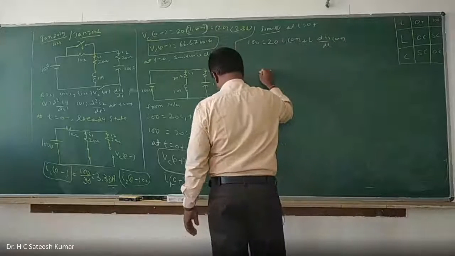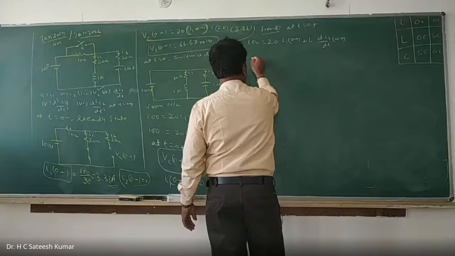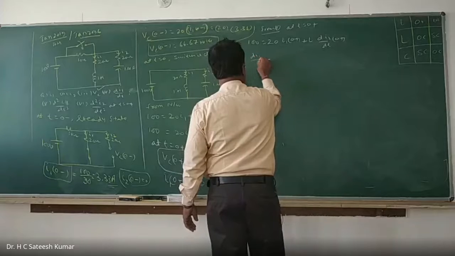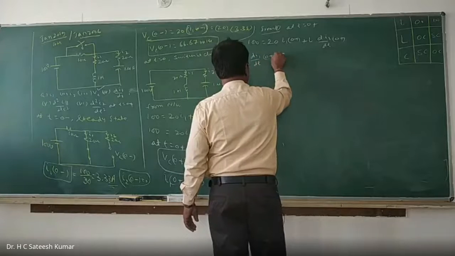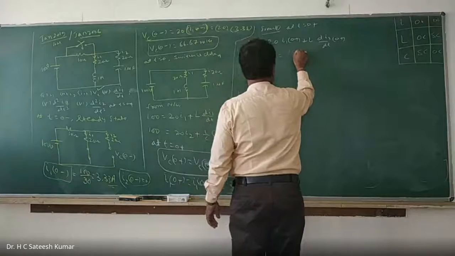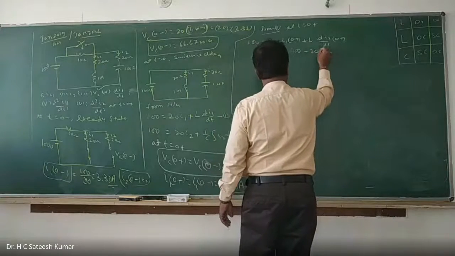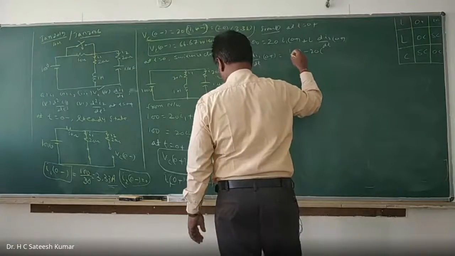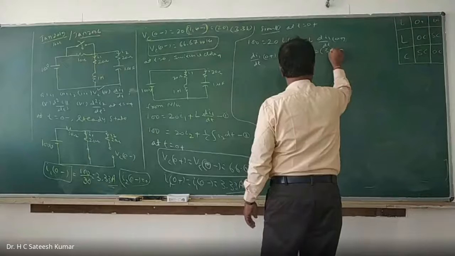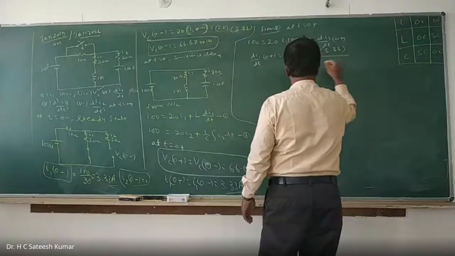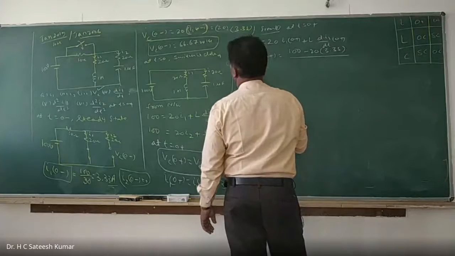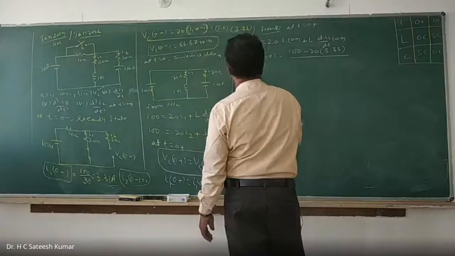Therefore, di1/dt at 0 plus is equal to 100 minus 20 into I1(0+), where I1(0+) is 3.33, divided by L, and the L value is 1 Henry.